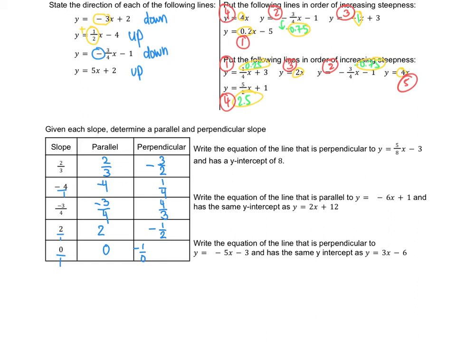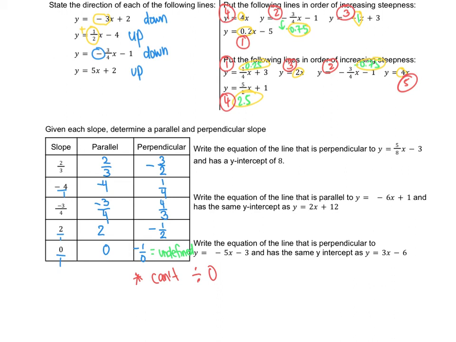So I do not want to see this as a slope because it's not a number. It doesn't work. You cannot divide by 0. So we say that this slope is undefined. So I'm going to make a little note here. Can't divide by 0. 0 can be on top, but it can't be in the denominator.